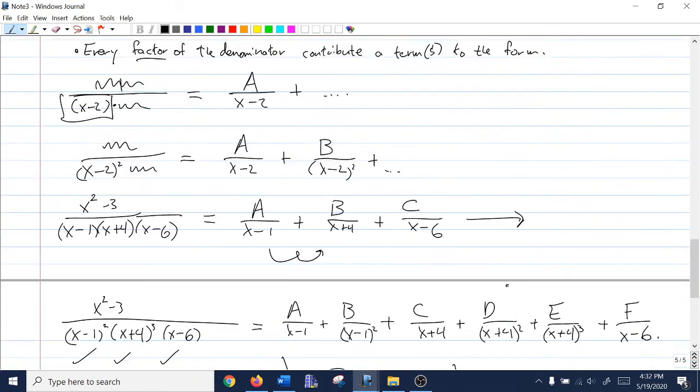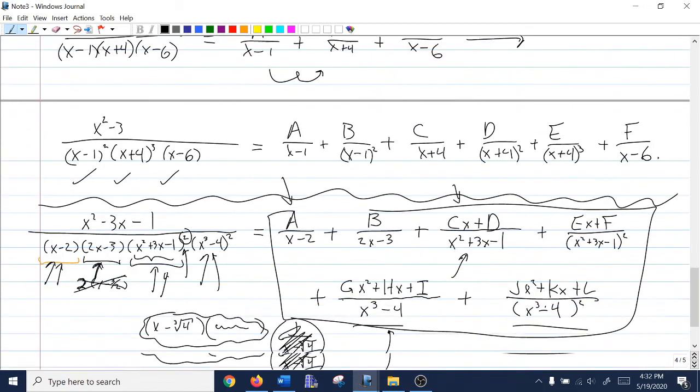What was step 2? Once the form is written out, you need to clear the denominators, multiply both sides by whatever is necessary so there are no fractions.